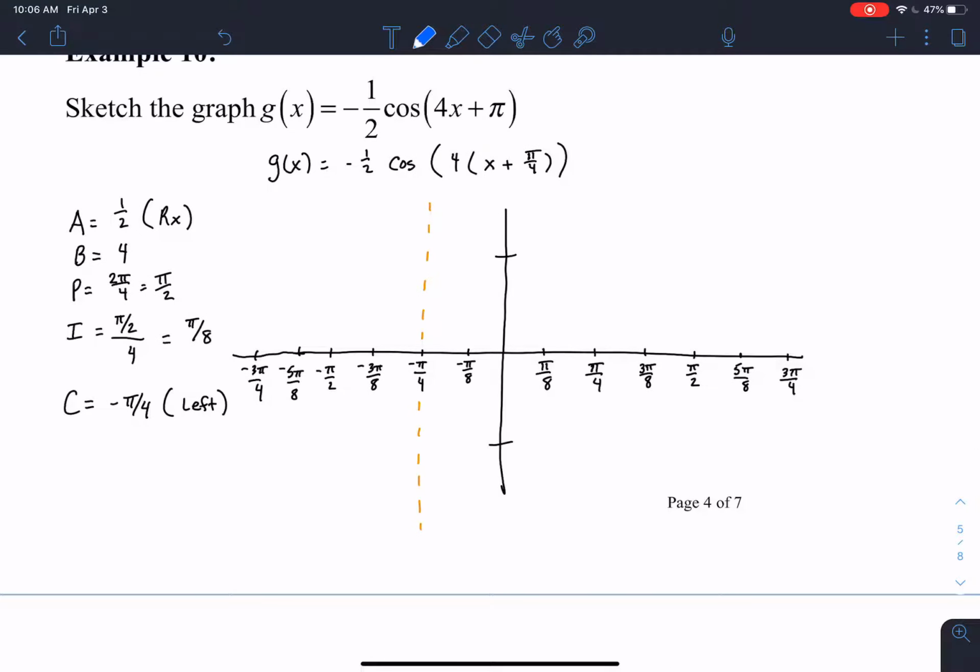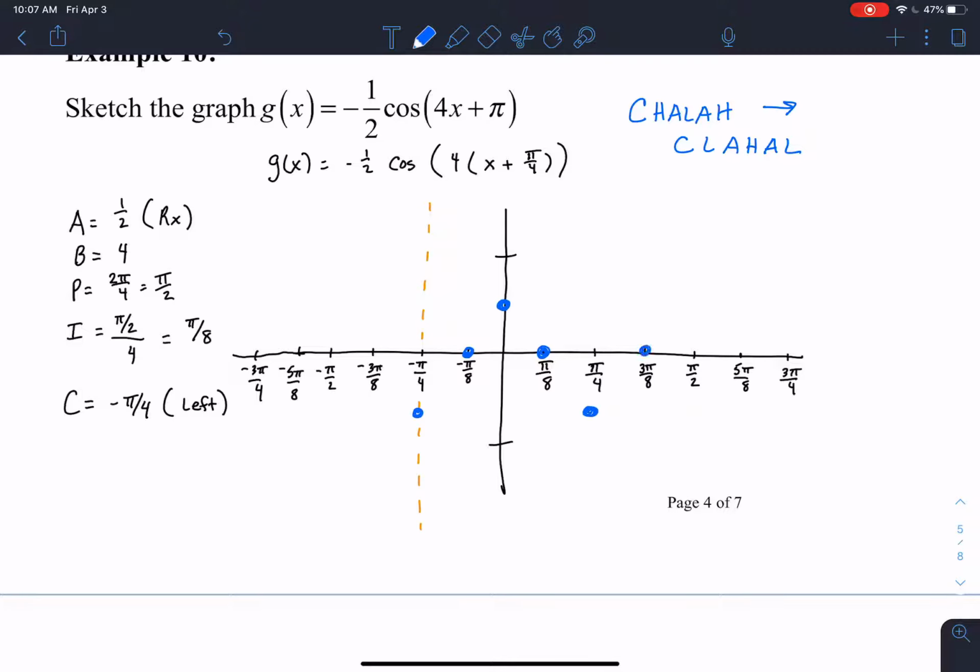Okay, so we got cosine, and then because of the reflection, we're going to start at the low point instead of the high point, okay? So we're going to go low, axis, high. Okay, again, don't skip over x equals 0. Axis, low.